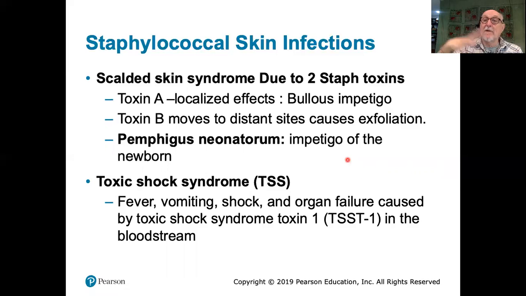It causes the upper layers of the skin to begin to peel off, but it's localized around the sites of infection. There is another much more serious toxin called toxin B, which is exported to other areas of the skin, and it begins a spreading exfoliation, which can be much more serious.